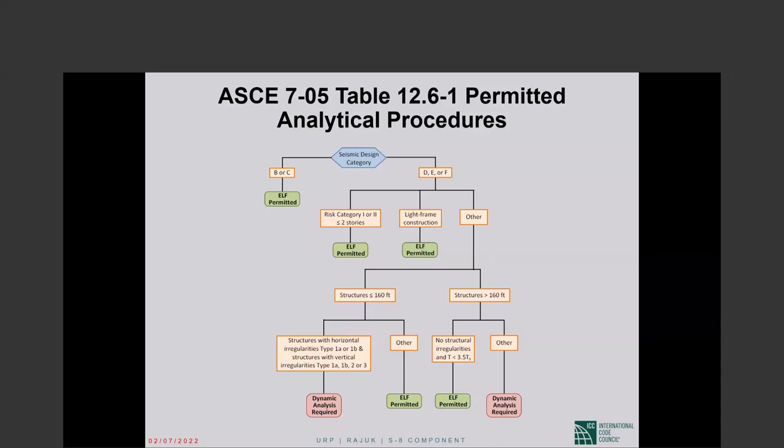Anyway, a structure no taller than 160 feet, if it has any of those bad irregularities, you shall do dynamic analysis. If a structure no taller than 160 feet does not have any of those irregularities, even if it has other irregularities, you shall be able to design on the basis of the equivalent lateral force procedure.